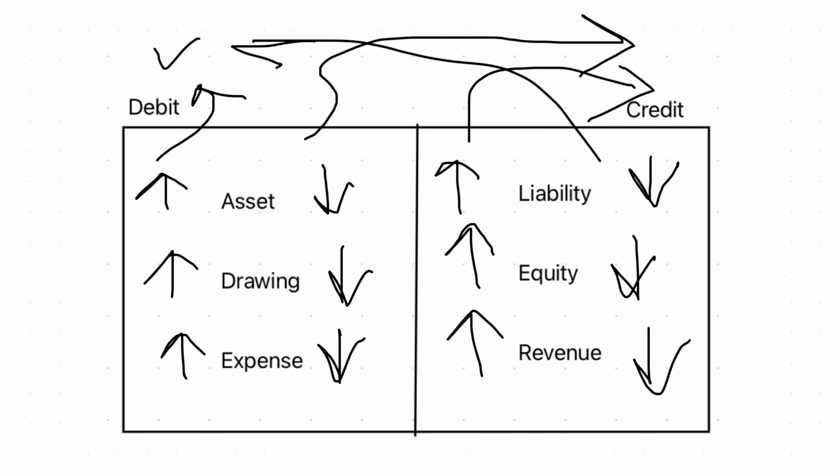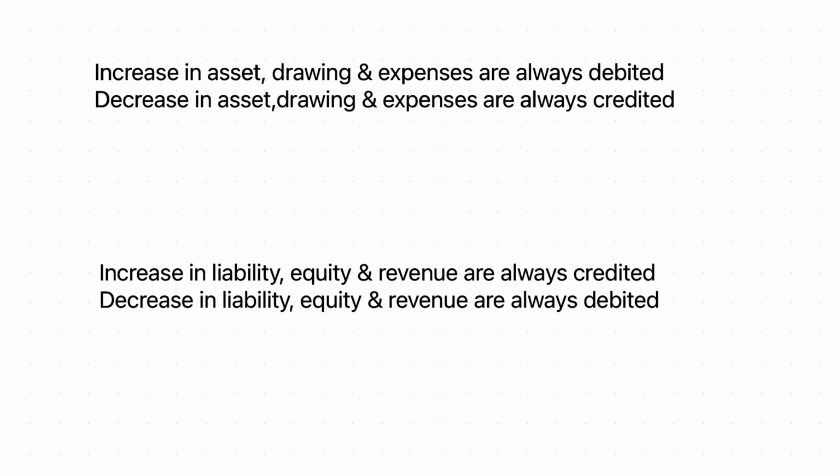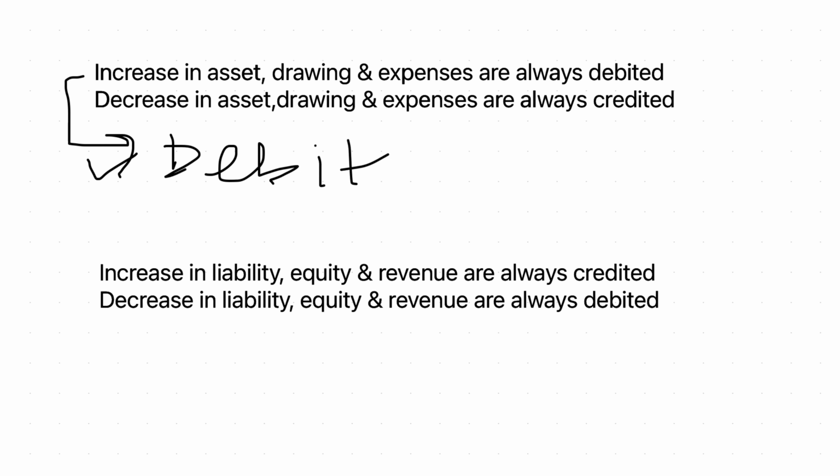Now let us talk about this in narration form so you understand better. Increase in the asset, drawing, and expenses is always debited, which means an increase on the debit side is always debited.